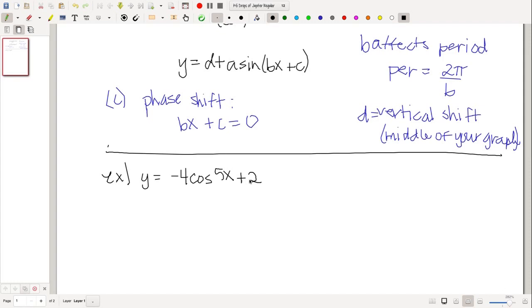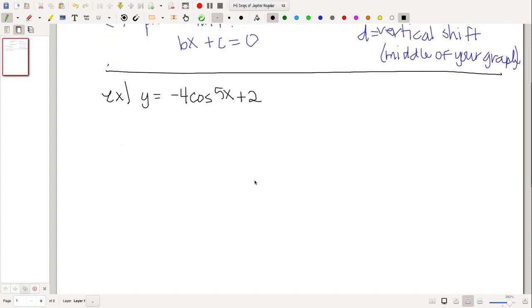Okay, so let's go through here and talk about everything. There is a negative, so that negative we are going to reflect about the x-axis.